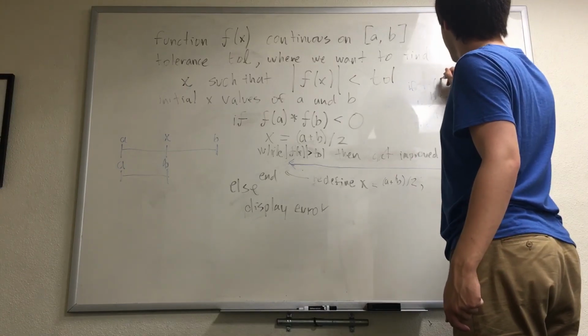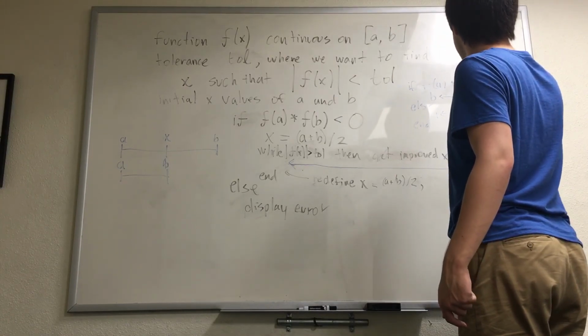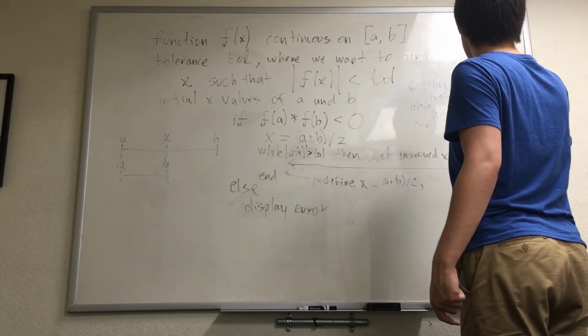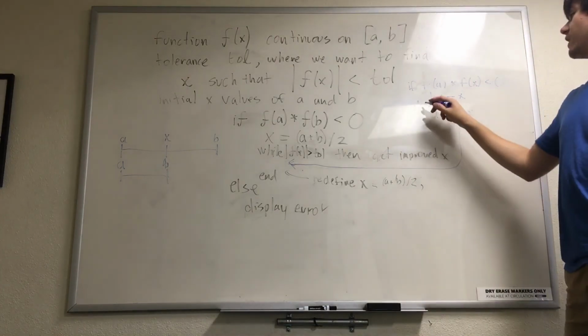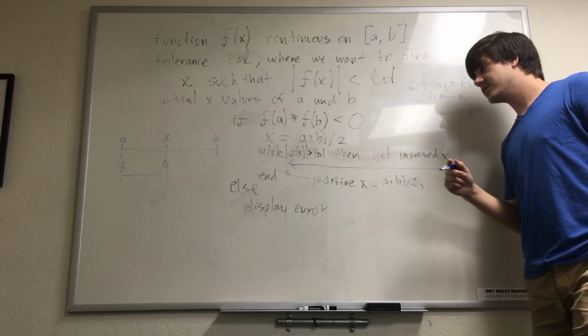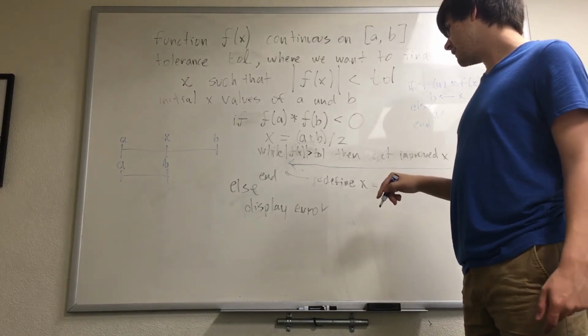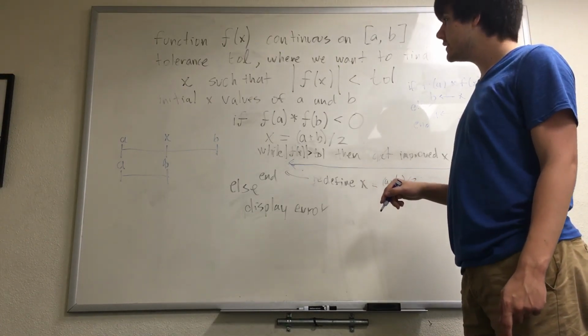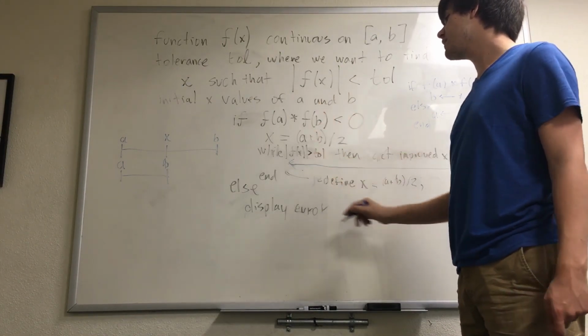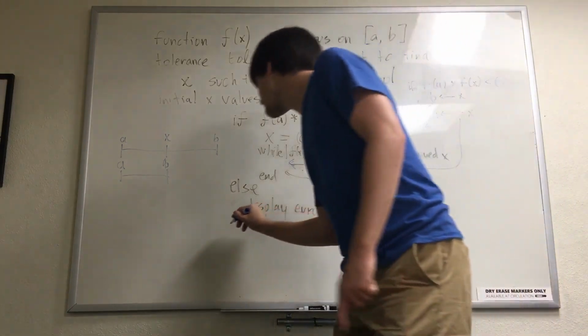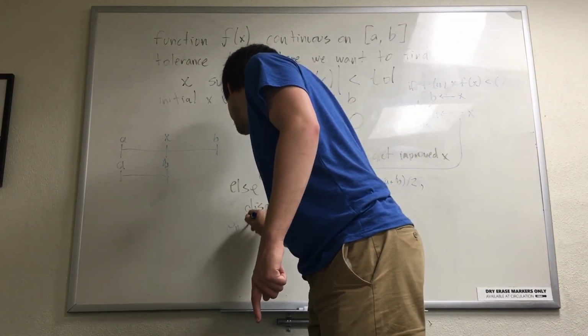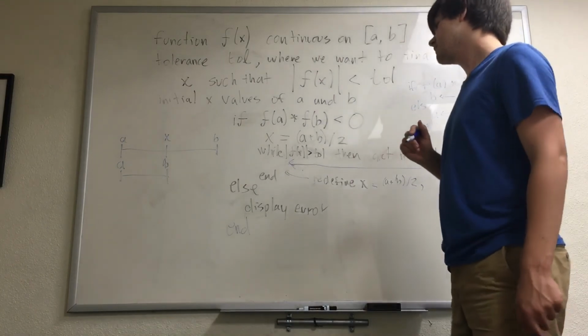So if f of a times f of x is less than 0, then set b to x. Otherwise, set a to x, and then you end. And this is the entire bisection algorithm. Of course, if you're coding this in MATLAB, you'd need an end to close out this else.